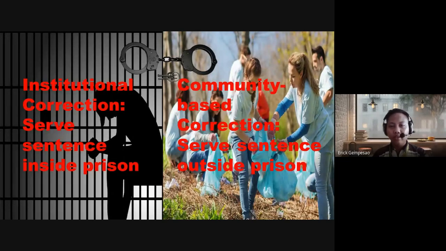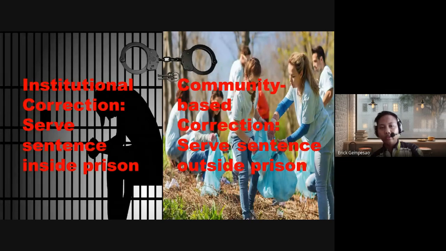In institutional correction, the offender serves his sentence inside the prison, while in community-based correction, the offender serves his or her sentence outside the prison. In institutional correction, the institutions that we have are the BuCor, BGP, provincial jail, and including the DSWD.